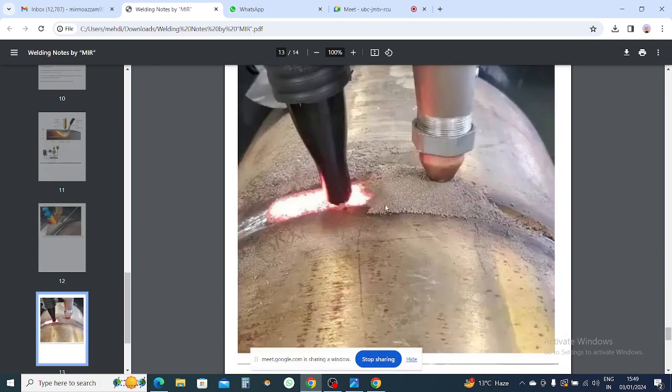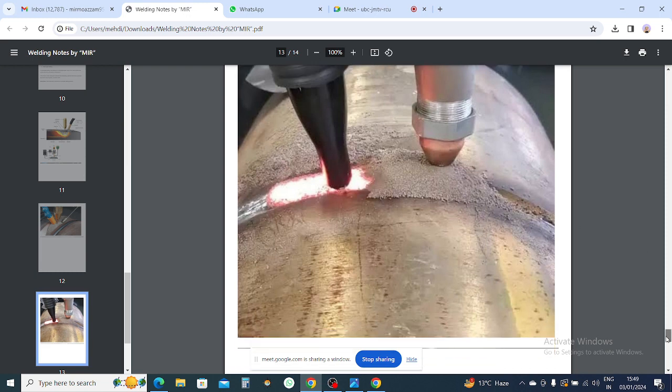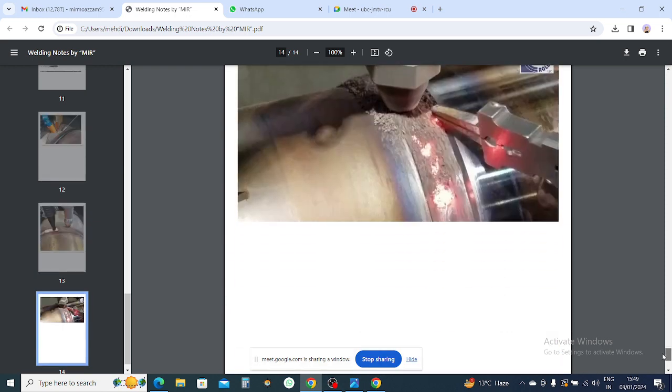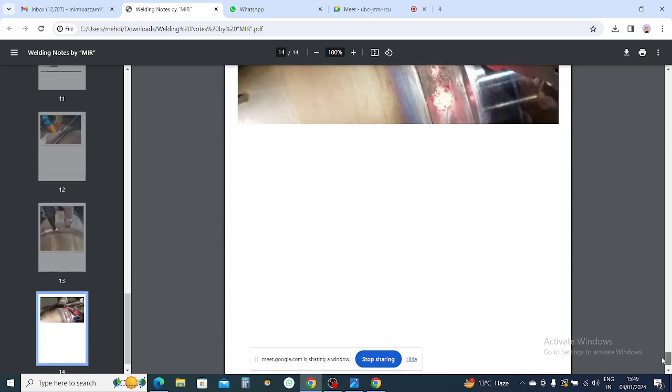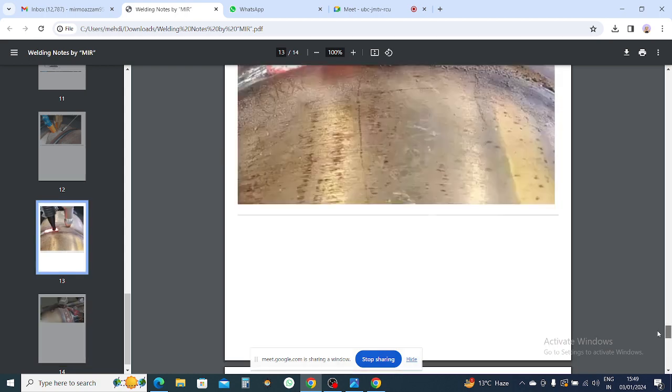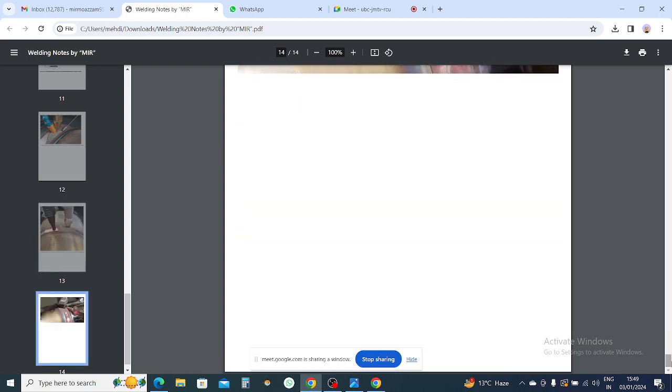This is another picture, and this is the same picture. I chose these pictures so that you can understand.